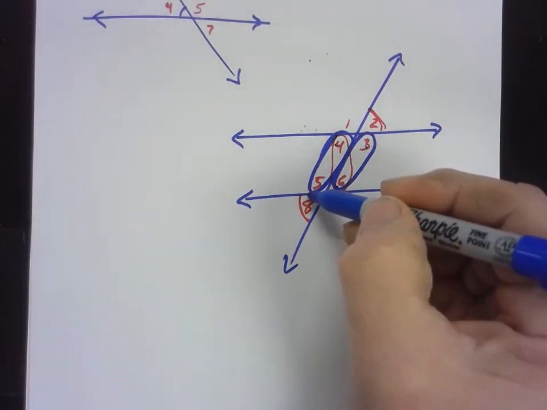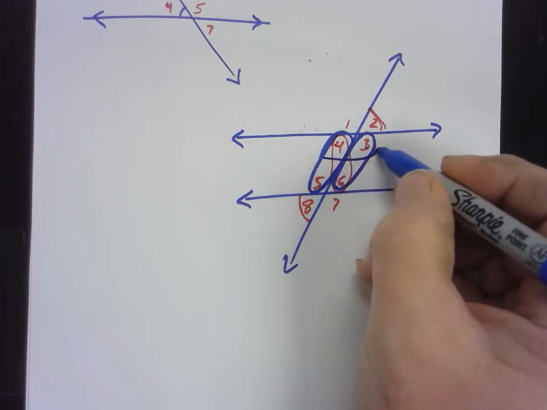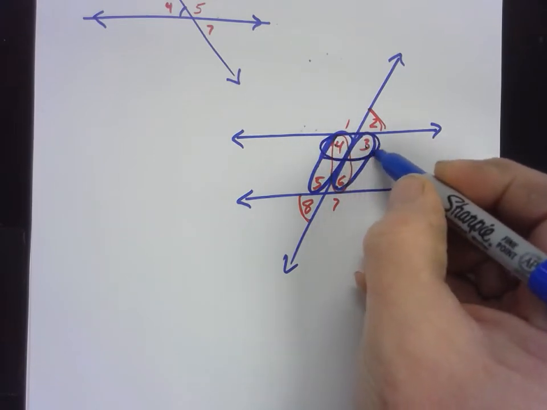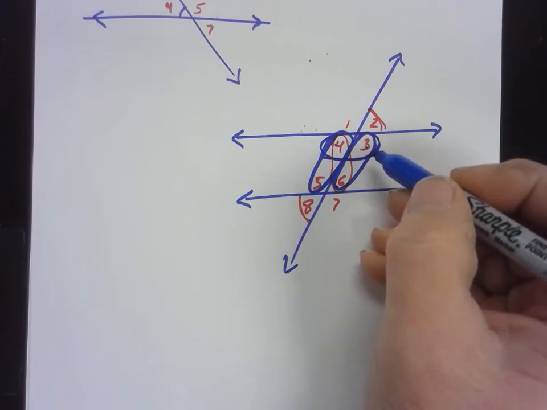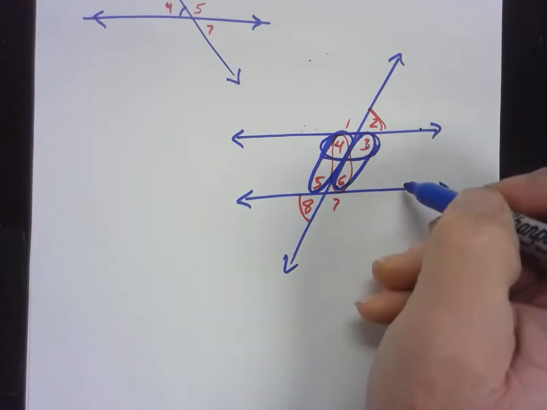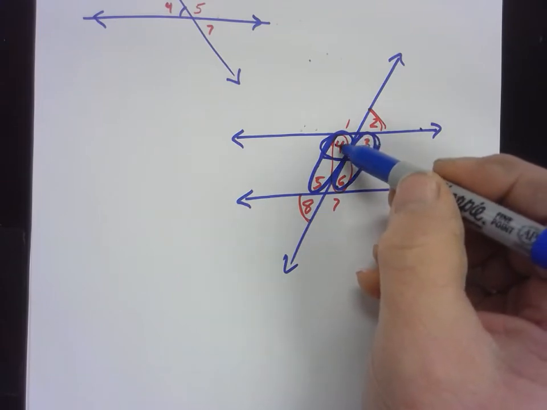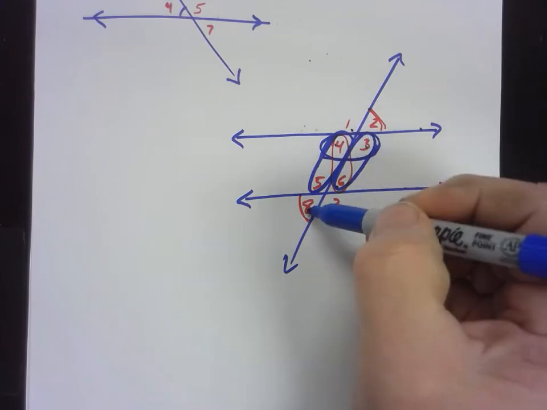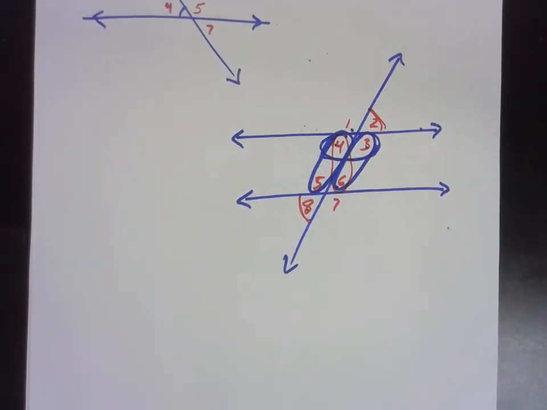If I knew 4 and 3 were supplementary, well, first of all, aren't they a linear pair? And aren't all linear pairs supplementary? Of course. But that's not going to tell you anything about these two lines being parallel, is it? Because you don't have any knowledge about a relationship between both intersections, do you? Okay? So, there you go.